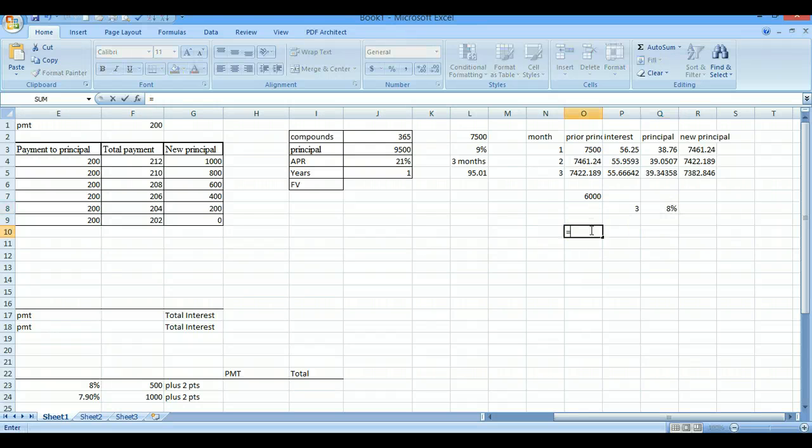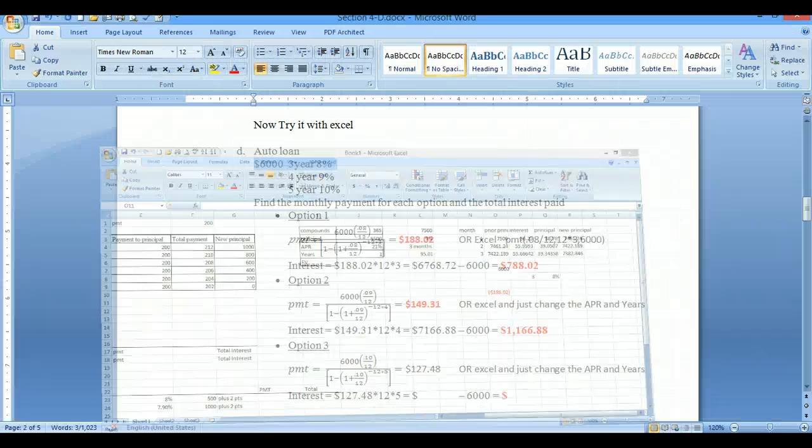So equals PMT, parenthesis, I need the rate 8% over 12, comma, n per number of periods. So I need 12 times 3 years, comma. The present value is $6,000. I can leave the future value or I can put in 0, it doesn't matter, which gives me a payment of $188.02.